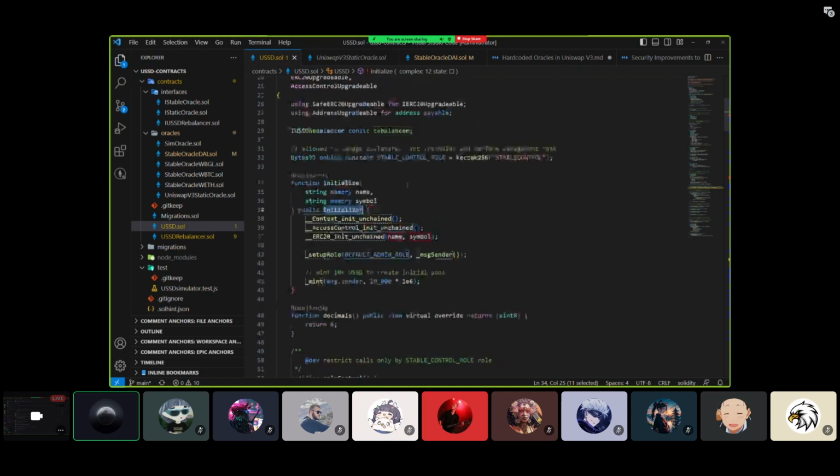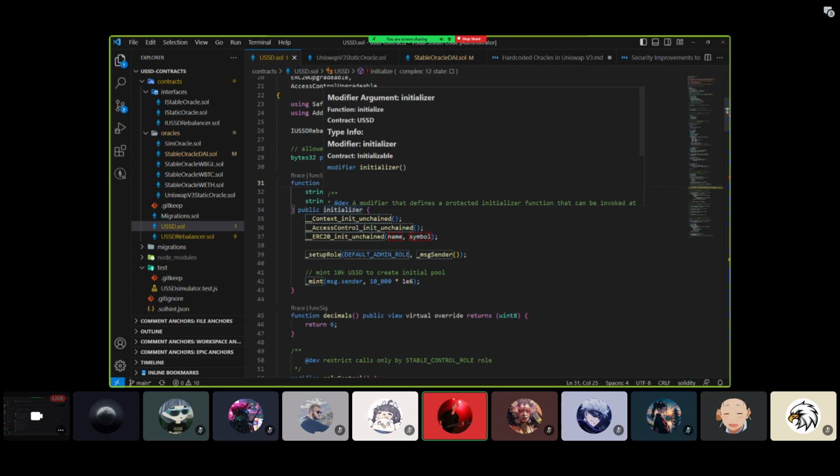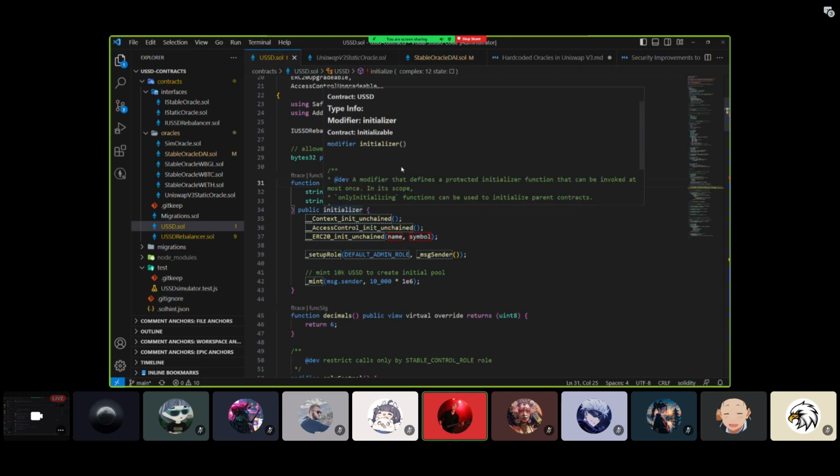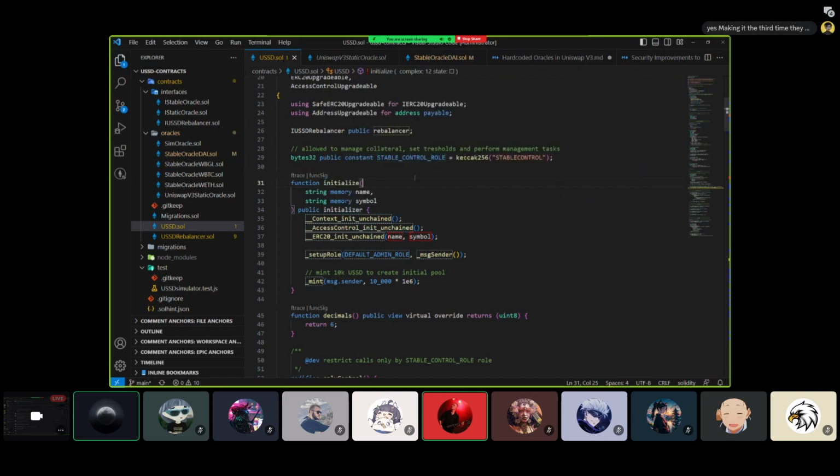Apparently no. I'm not really sure how initializers completely work. If it's the OpenZeppelin implementation, it does. This initializer makes sure that you can call it only once. But it's not. That's the thing. It's a function they create with the name initialize. If they implement it directly, then I agree.